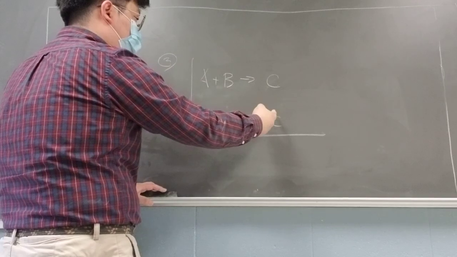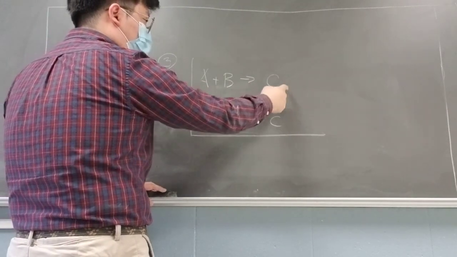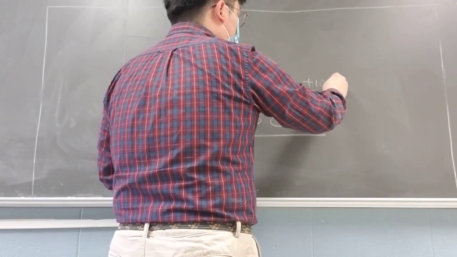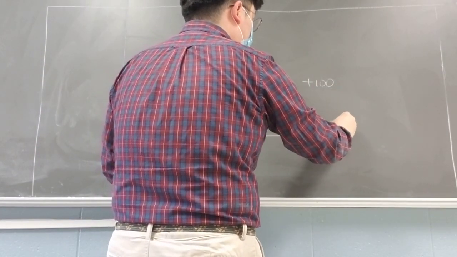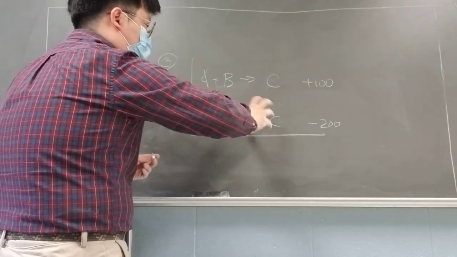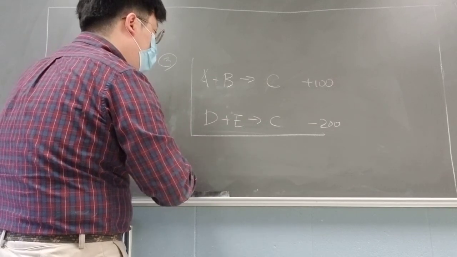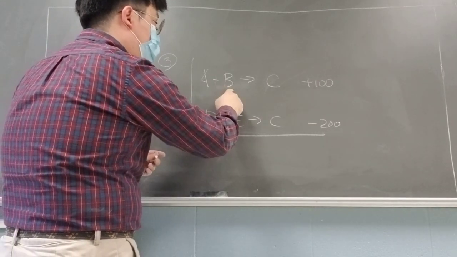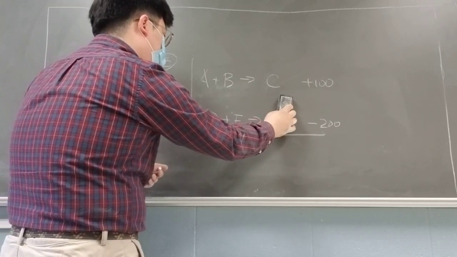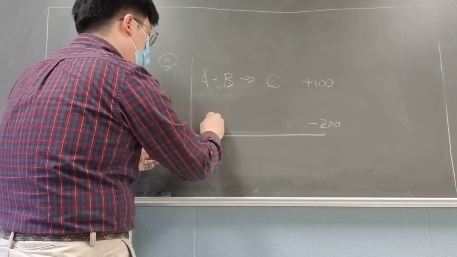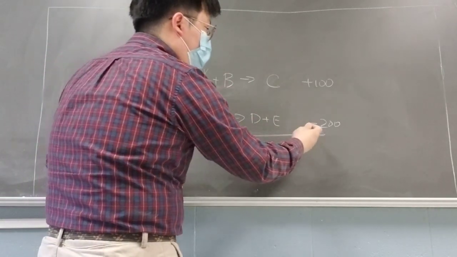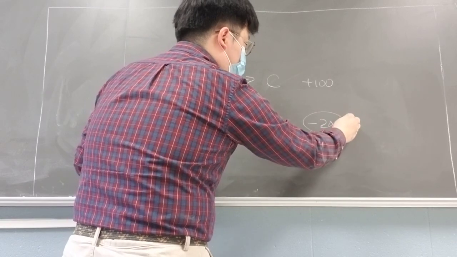It doesn't make any sense because C is the product in both. So maybe this is 100, negative 200 over here. What you can do is flip the equation. If this is A plus B makes C, and this is D plus E makes C, you can flip this one to C makes D plus E. You make a reverse reaction, and the only thing you have to do is change the sign.